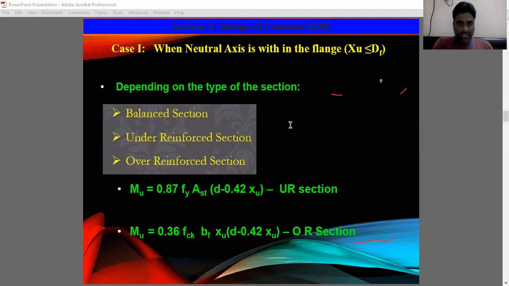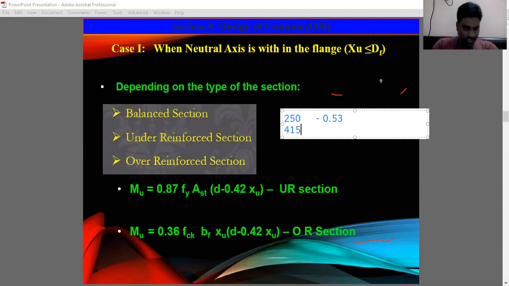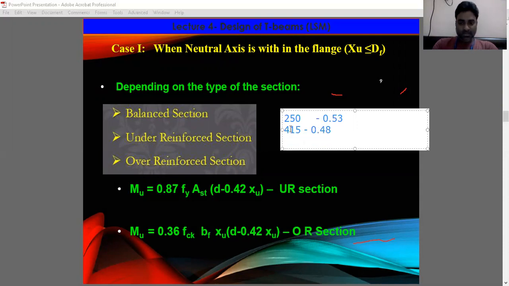So as per the codal provision, xu max by d is 0.53 for 250 grade steel, 0.48 for 415 grade steel, and similarly for 500 grade steel the xu max by d value is 0.4.